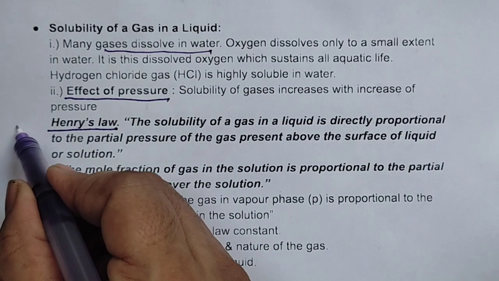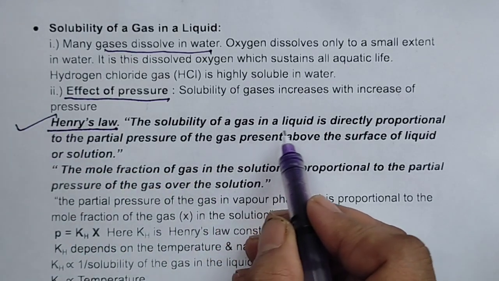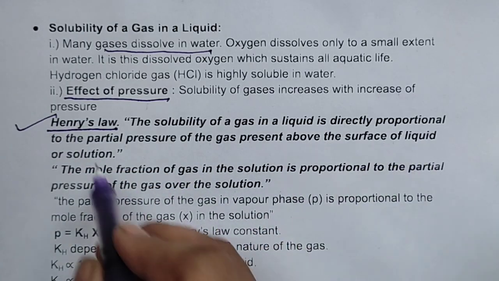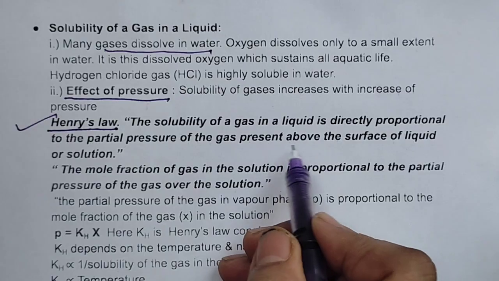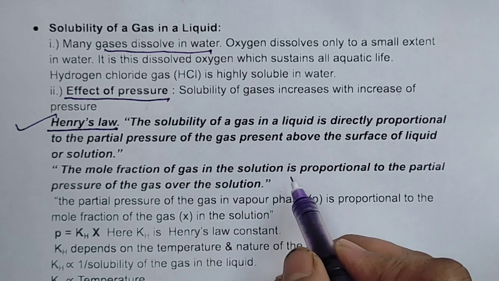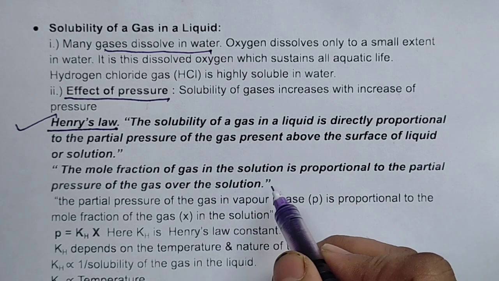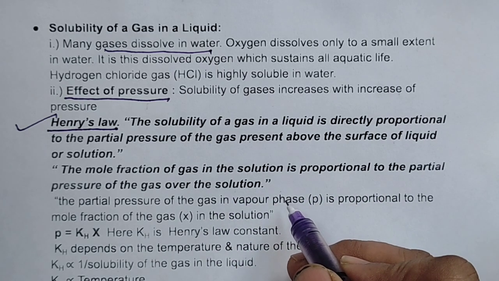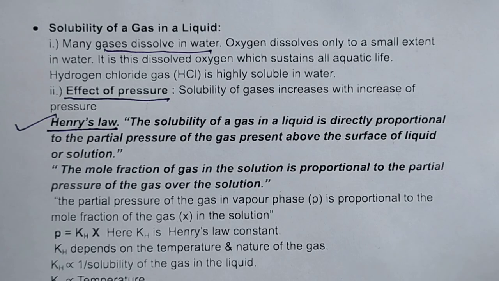Henry's law, very important, children. It says the solubility of a gas in a liquid is directly proportional to the partial pressure of the gas above the surface of the solution. Or in other words, the mole fraction of the gas is proportional to the partial pressure of the gas over the solution. Pressure is over the solution, gas is dissolving in it. So mole fraction is in the solution, partial pressure is over the solution.